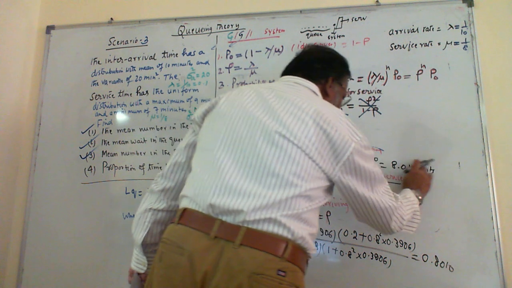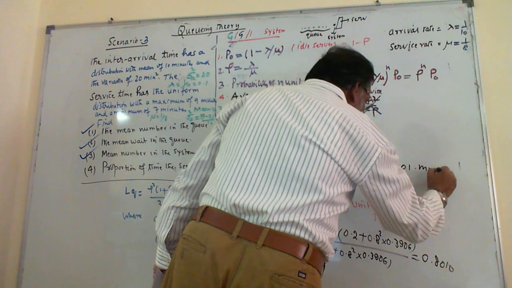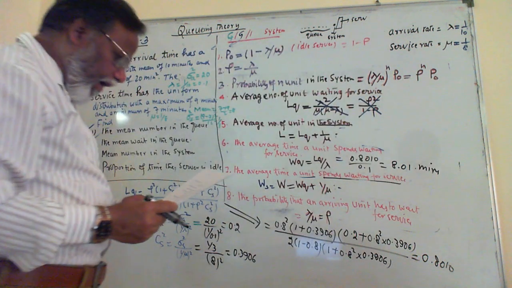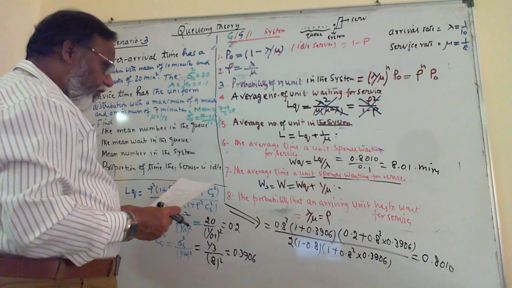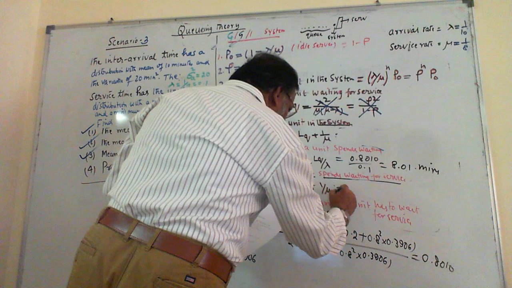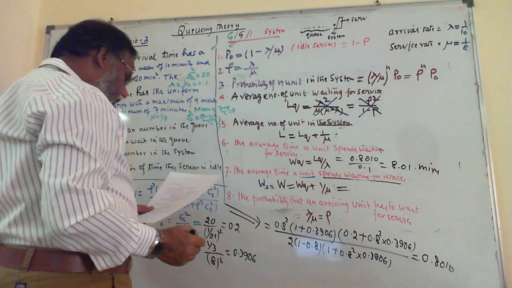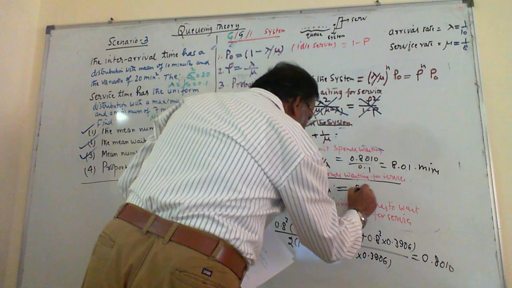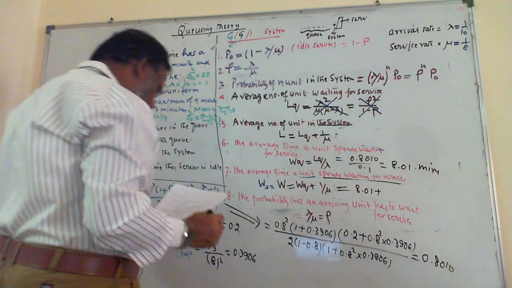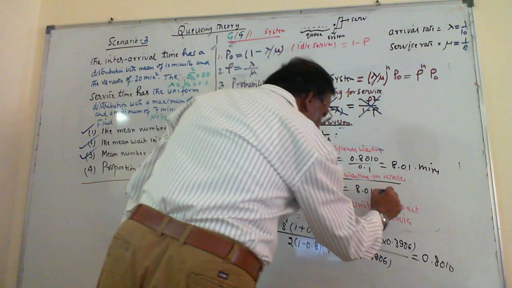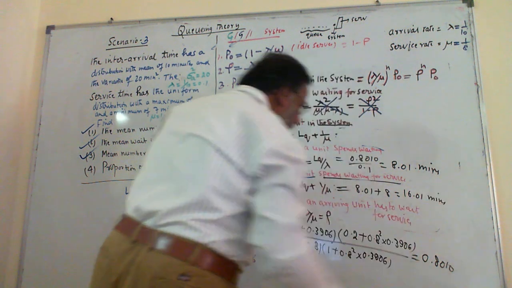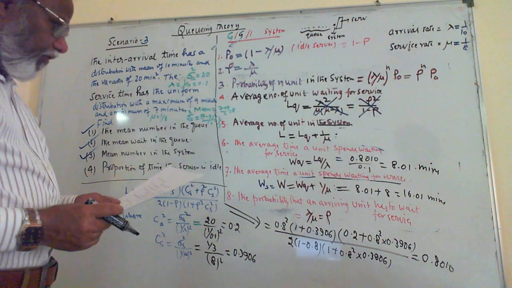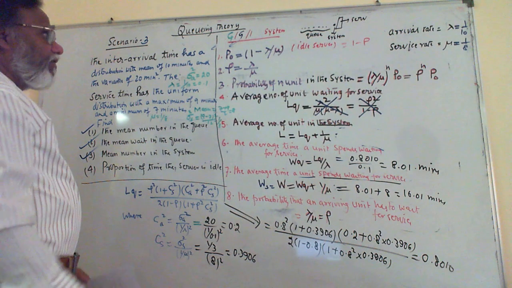I'm sorry, this is waiting time, so it is in minutes. The next question is to find the waiting time in the system, which is W. W will be this number, 8.01, plus 1 over mu, which is 8, giving 16.01 minutes.